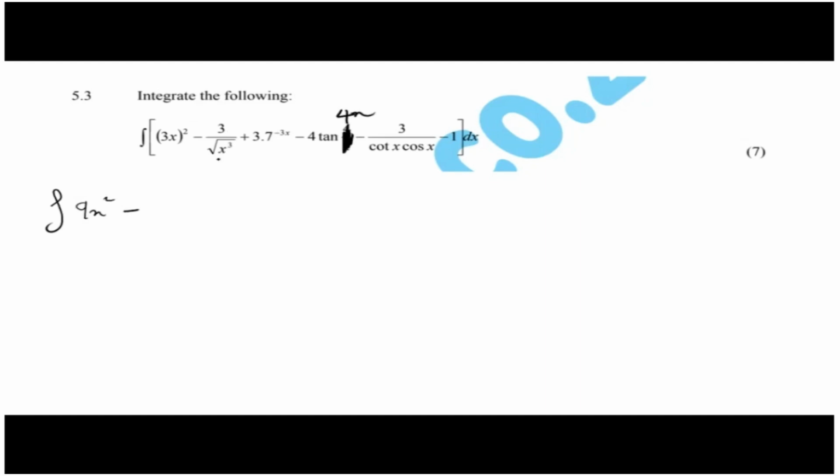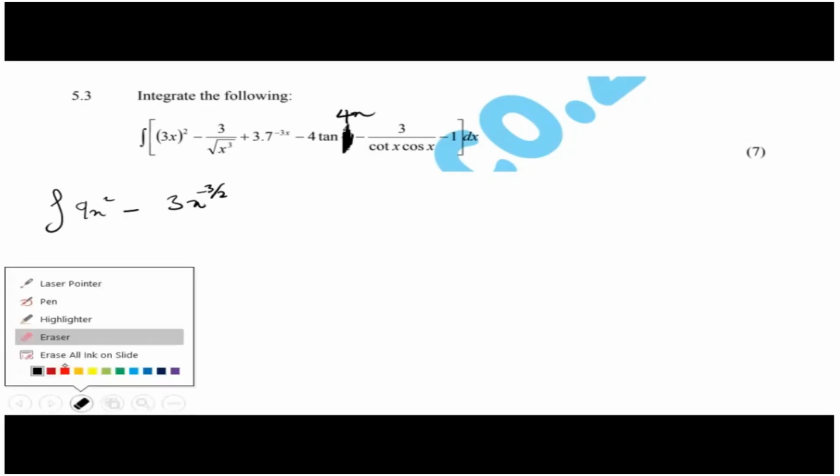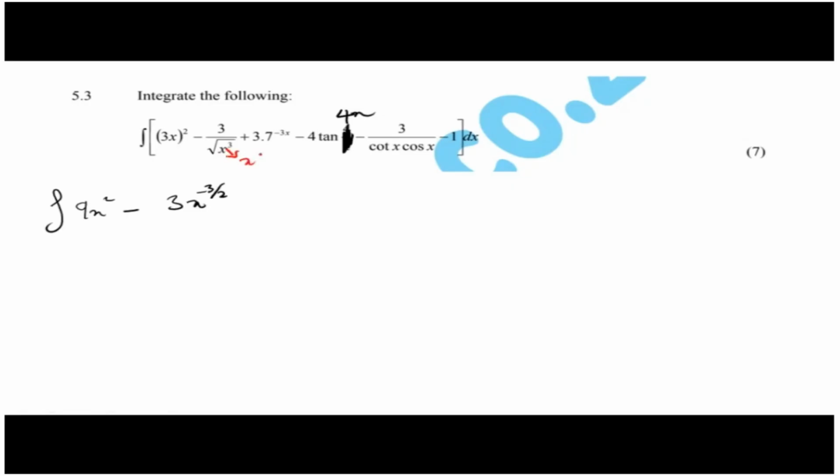Now if you simplify this, this is the same thing as x raised to power negative 3 over 2, because this is x raised to power 3 over 2. So if you bring it up, it becomes x raised to power 3 minus 3 over 2. All right, so this one is 3 x raised to power minus 4 still remains.